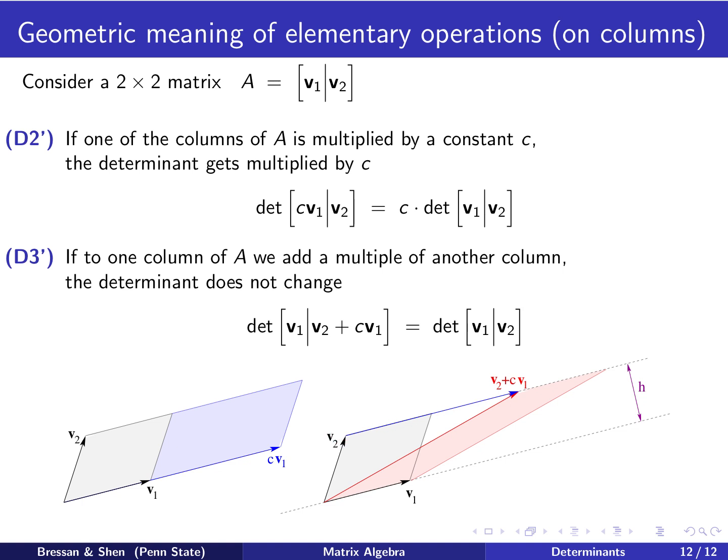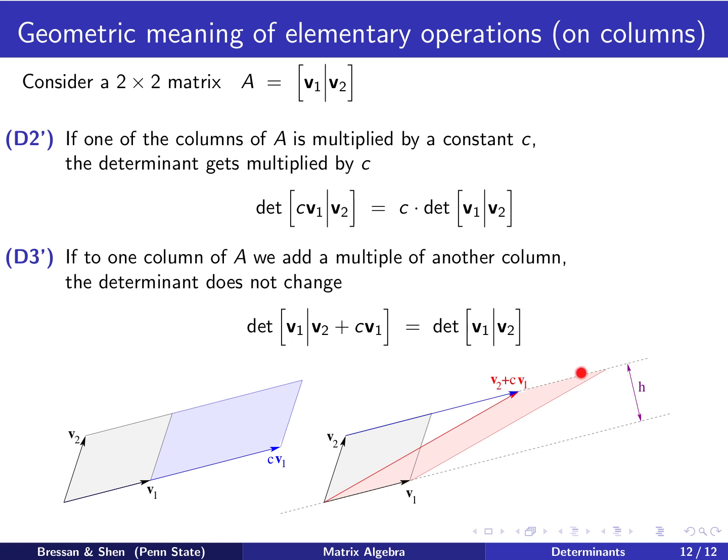Now we add C times V1 on top of V2. This is V2, and let's say C is slightly bigger than 1, so C times V1 is this length here, longer than V1, and V2 plus C times V1 ends up here. That is your summation, and you form the parallelogram now with V1 and this new vector.